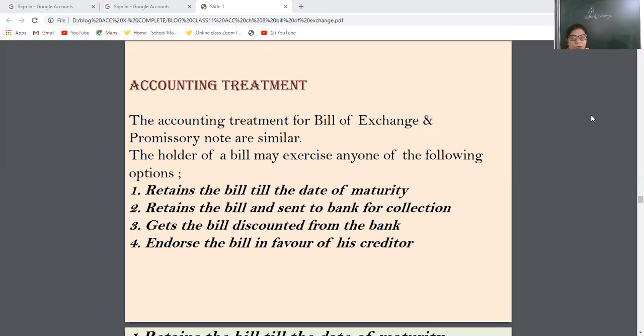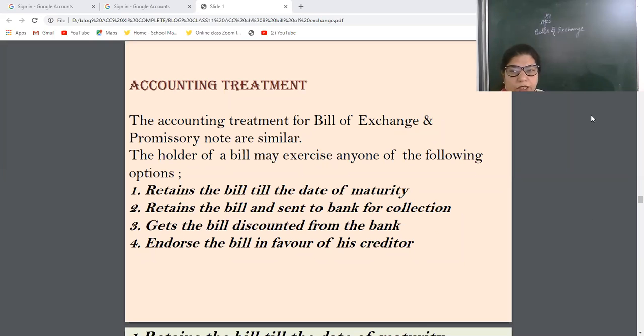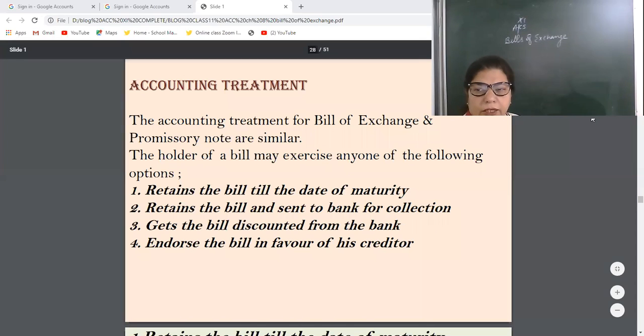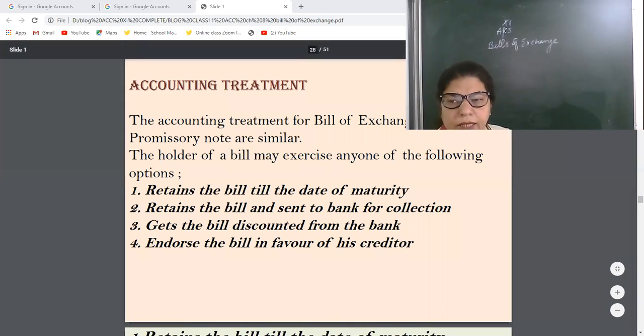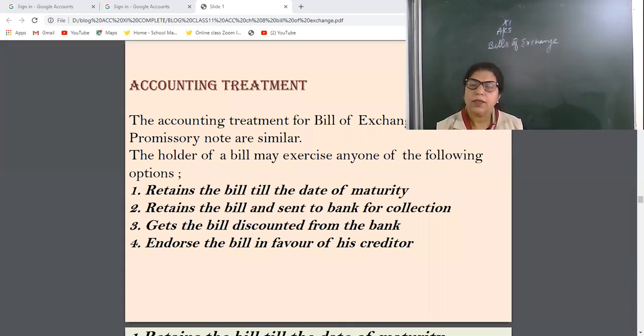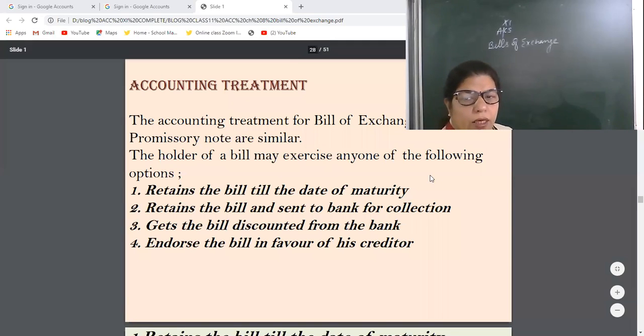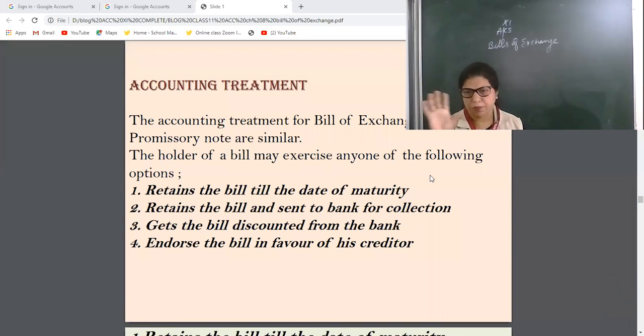As I told you, like a cheque, bills of exchange can also be transferred to creditors. But the condition is that you cannot change the amount, you cannot change the date, and you cannot change anything written on the bill of exchange. If you change it, then that bill may be cancelled.